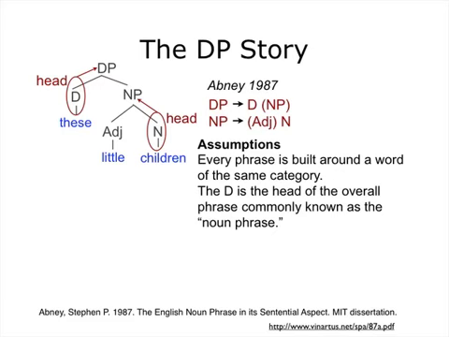Although the basic idea had been proposed earlier, it really gets picked up on at this point when Abney, I don't even remember his first name, Steven Abney, he was a student of Chomsky's at MIT. A lot of the work on syntax, and particularly the model that we're looking at, came out of MIT students studying with Noam Chomsky and his colleagues.